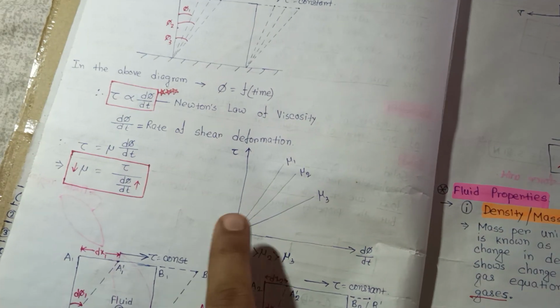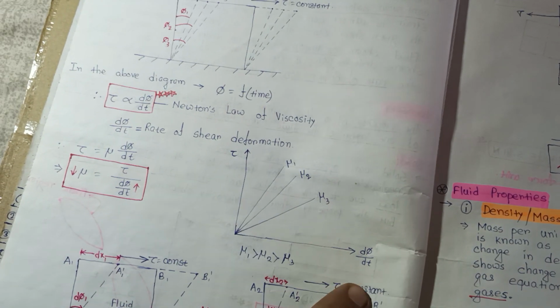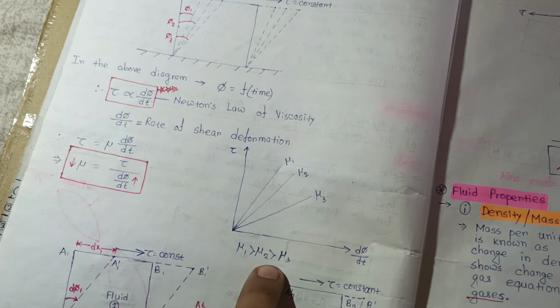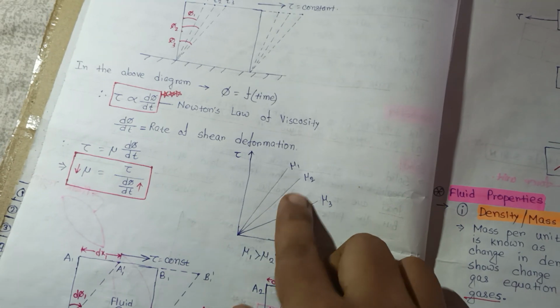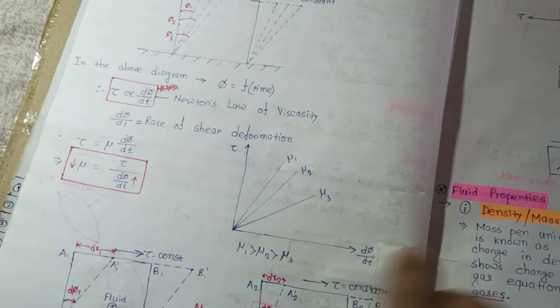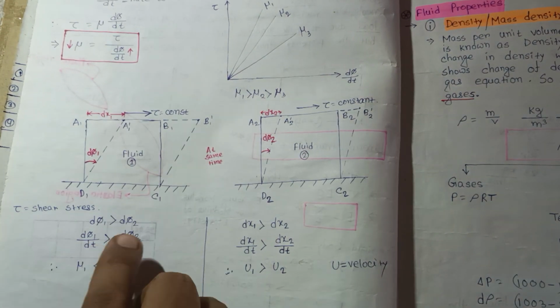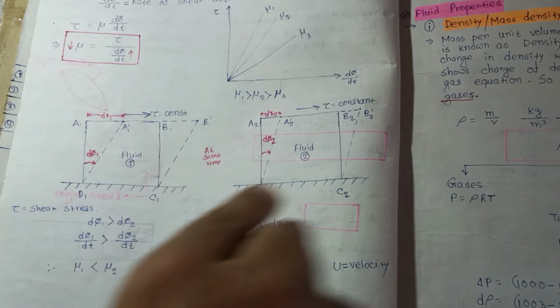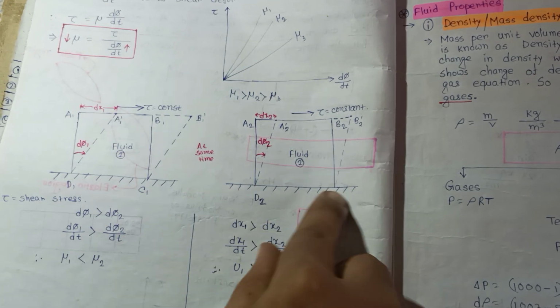Now if mu1 is greater than mu2, which is greater than mu3, then this type of graph comes into the picture. There is fluid element 1 on a rigid wall, and fluid element 2 on a rigid wall.